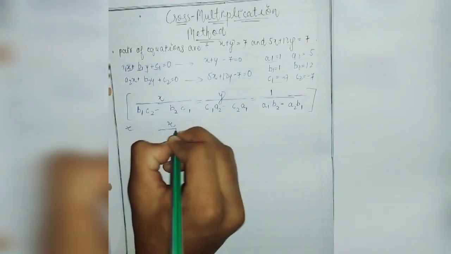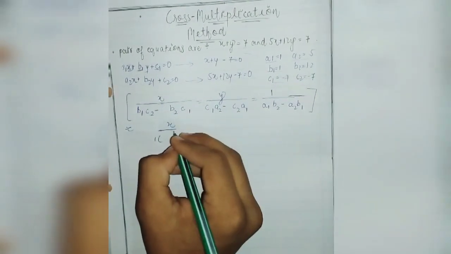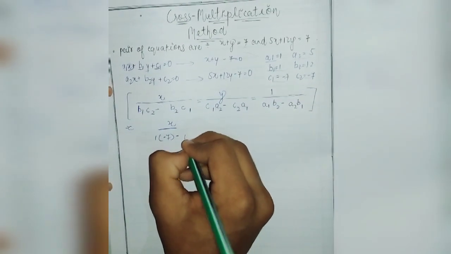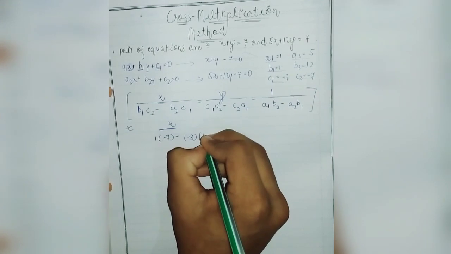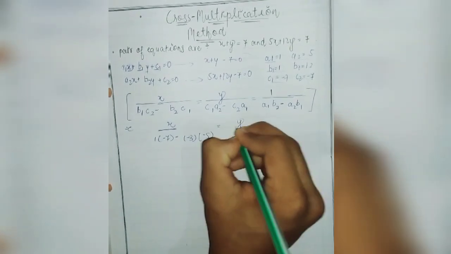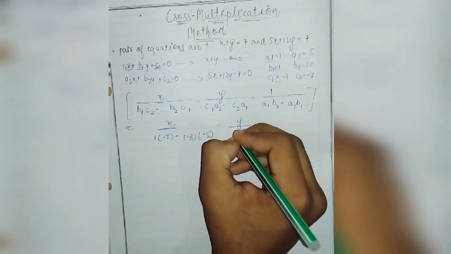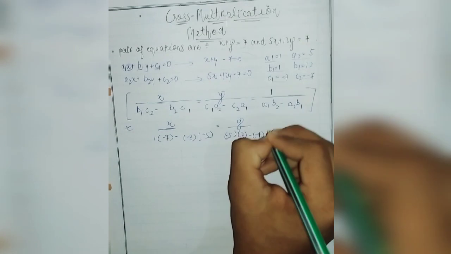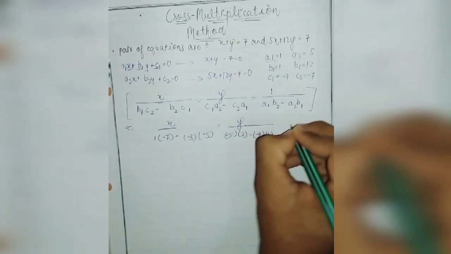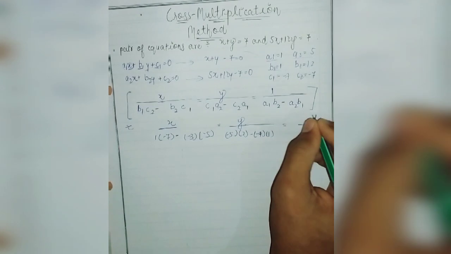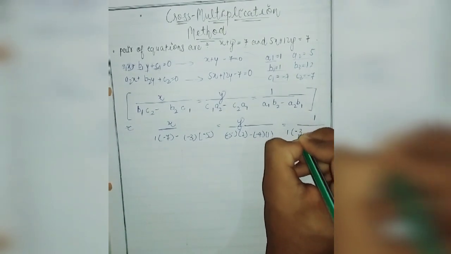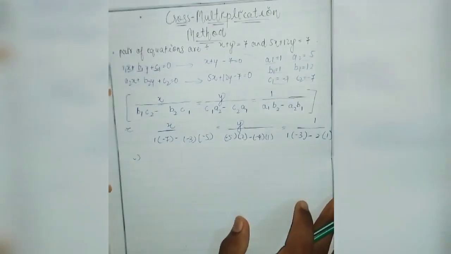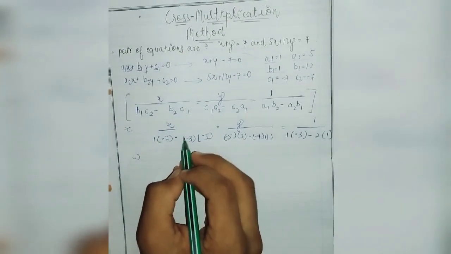So putting in the values: x divided by b1 c2 minus b2 c1, that is 1 times minus 7 minus 12 times minus 7, is equal to y divided by c1 a2 minus c2 a1, is equal to 1 divided by a1 b2 minus a2 b1, that is 1 times 12 minus 5 times 1. So this is our general form.